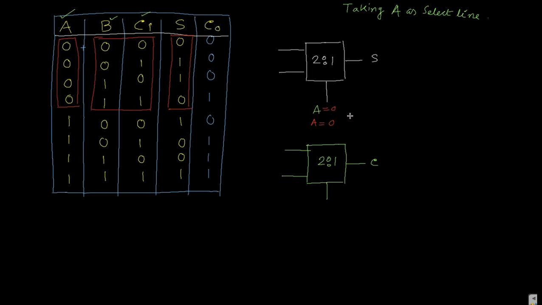So when A is 0, now consider the B, Ci and S. Now you can write B, Ci and S. So B is 0 0 1 1, Ci is 0 1 0 1, and S is 0 1 1 0. Okay.